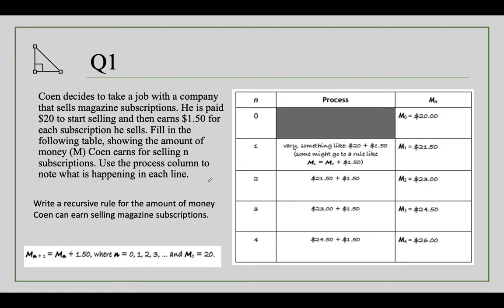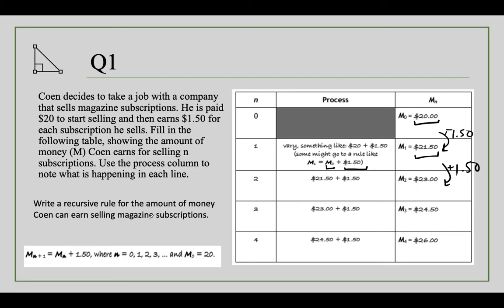So we're going to write a recursive rule for the amount of money Cohen can earn selling magazine subscriptions. So we see that M sub 0 is $20. We see that in step 1, we're going to take M sub 0 plus $1.50. So that's how we get $21.50, because we're adding $1.50. Adding $1.50. And so on and so forth.